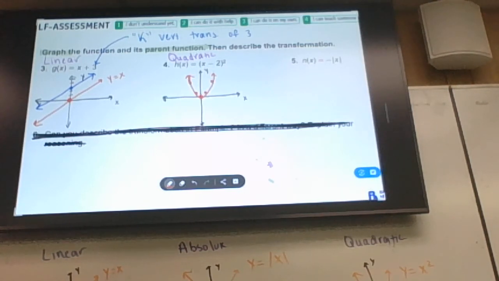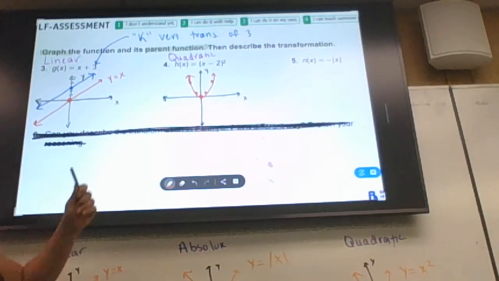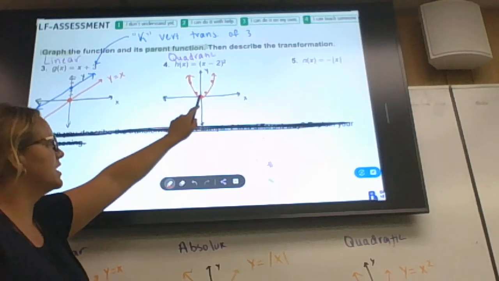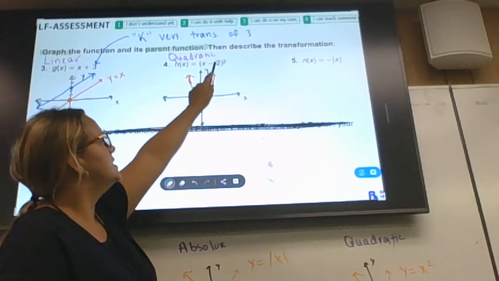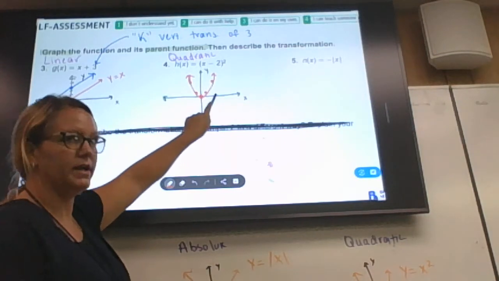When the number is in the parentheses or the brackets, the effect on the graph will be a right-left effect. Now it's opposite. So while all of my learning and knowledge up to this point would tell me that a minus should be going left, it's actually opposite. So this h value of 2 is actually going to move it to the right 2.